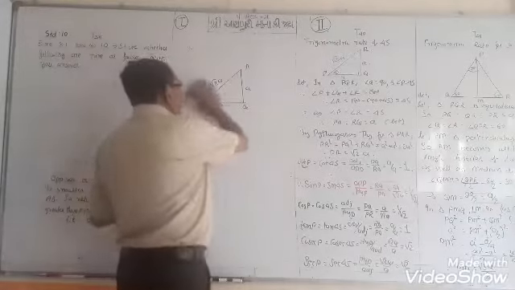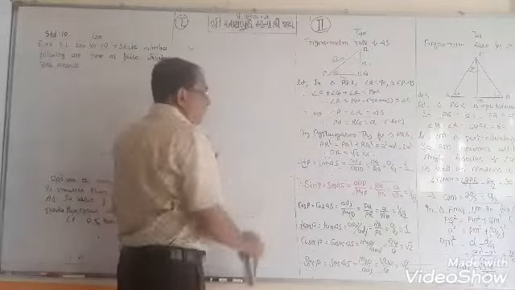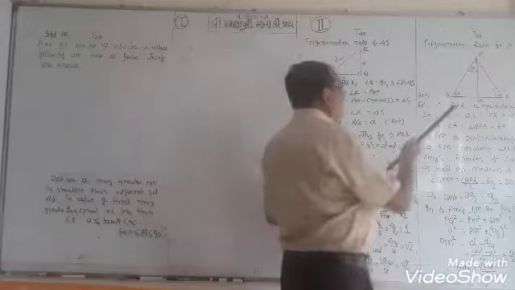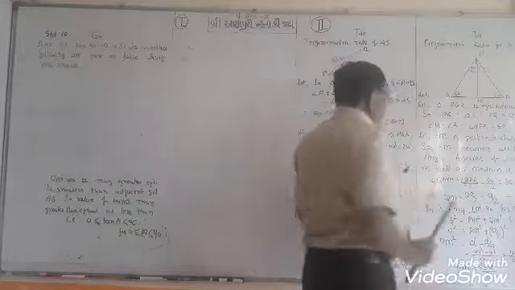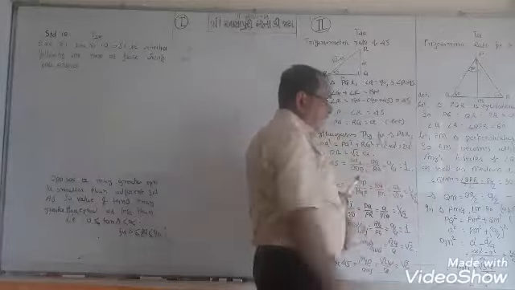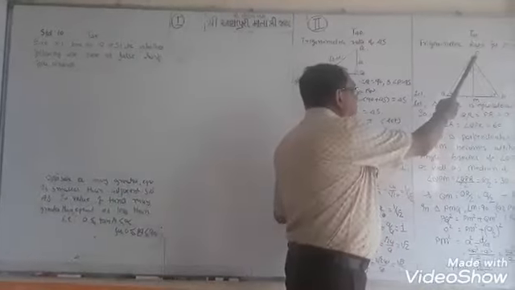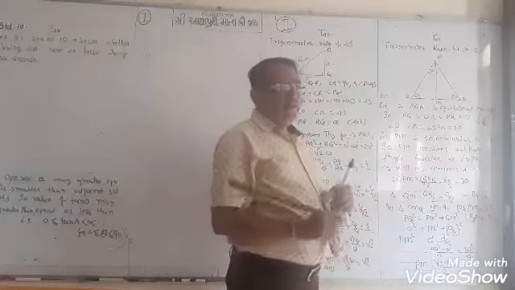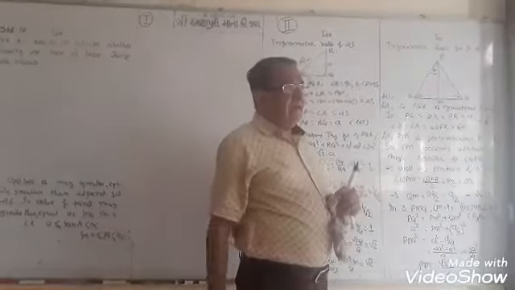Now I will take the trigonometric ratios for 30 and 60. For 30 and 60, first of all, I will explain here. Suppose triangle PQR is your equilateral triangle.